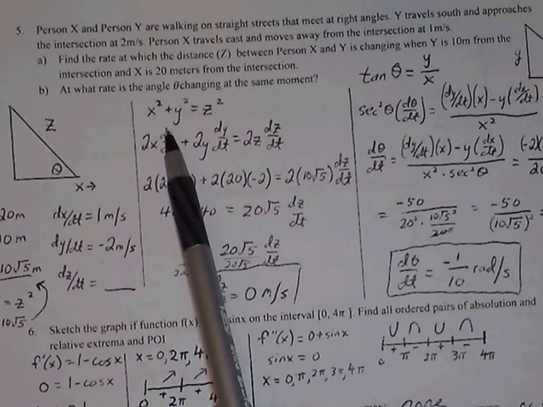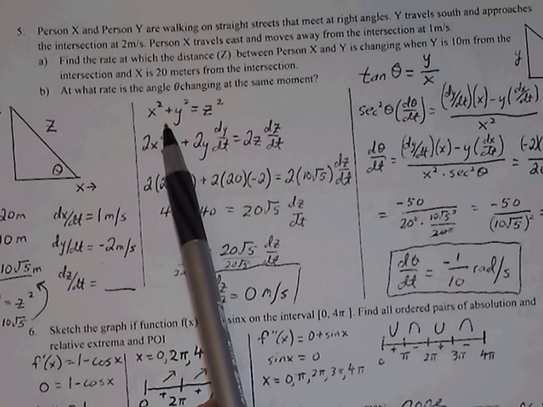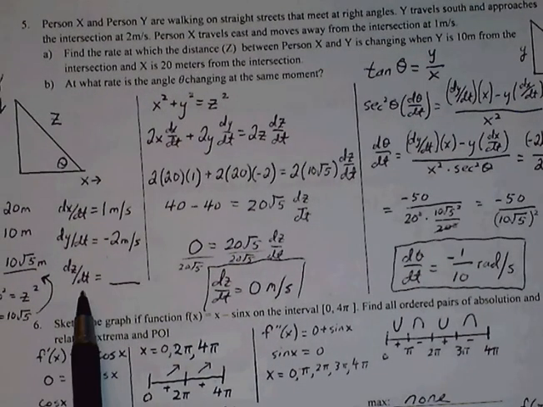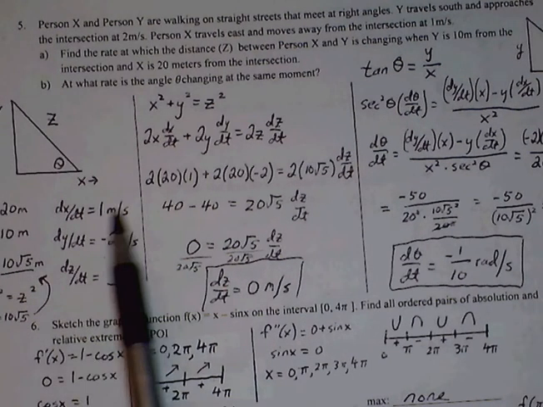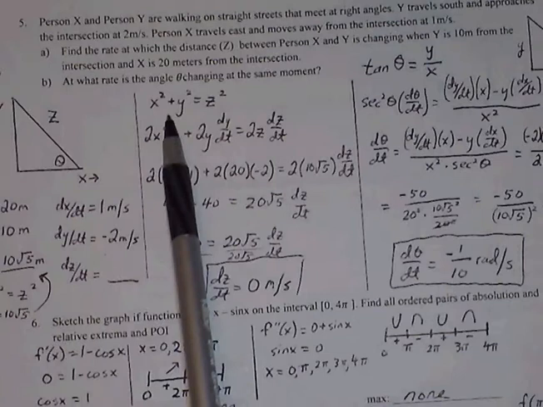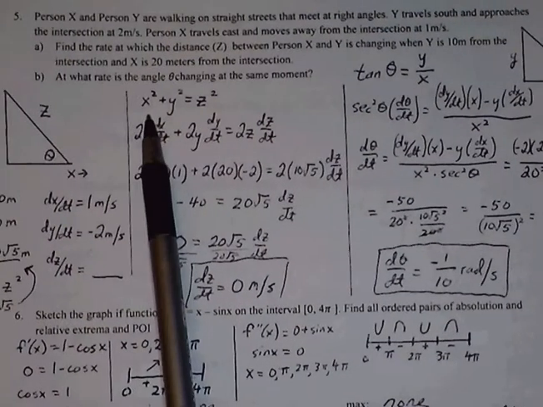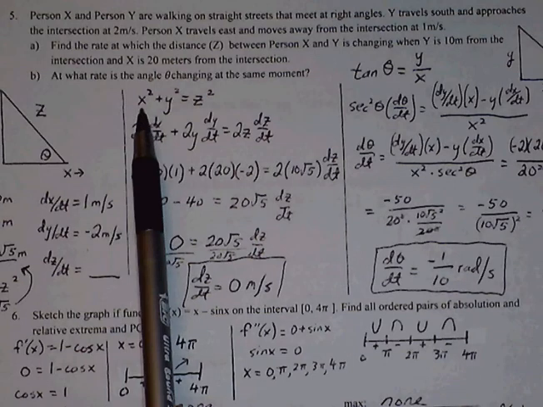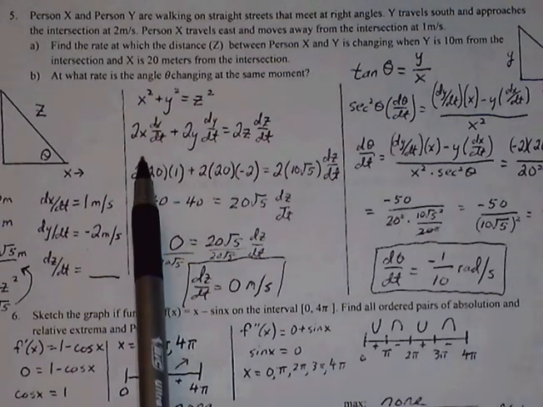And we're trying to find the rate at which the distance between X and Y is changing. So the equation that's going to relate all these variables together is simply the Pythagorean theorem: X squared plus Y squared equals Z squared. We go through a derivative, power rule for each term.